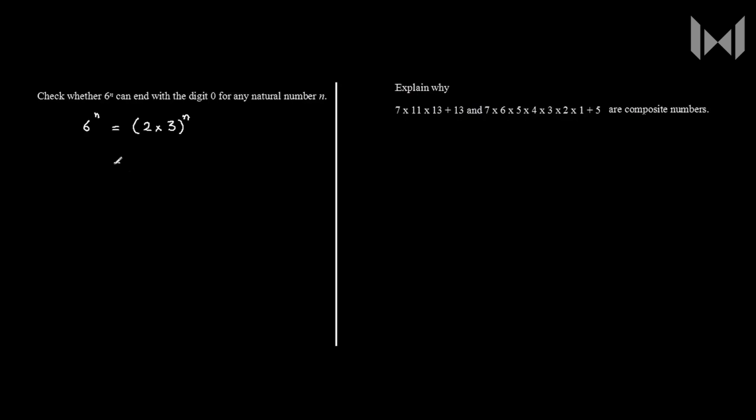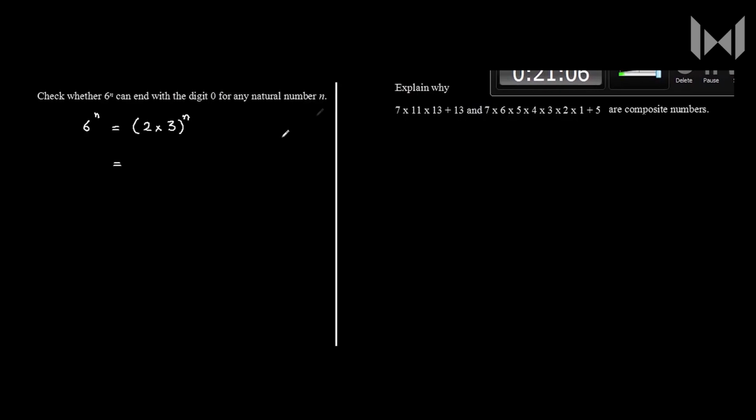Now, according to the rules of indices, if you have ab whole raised to the power m, it can be broken up as a to the power m into b to the power m. So over here, using this rule, we get 2 to the power n into 3 to the power n.